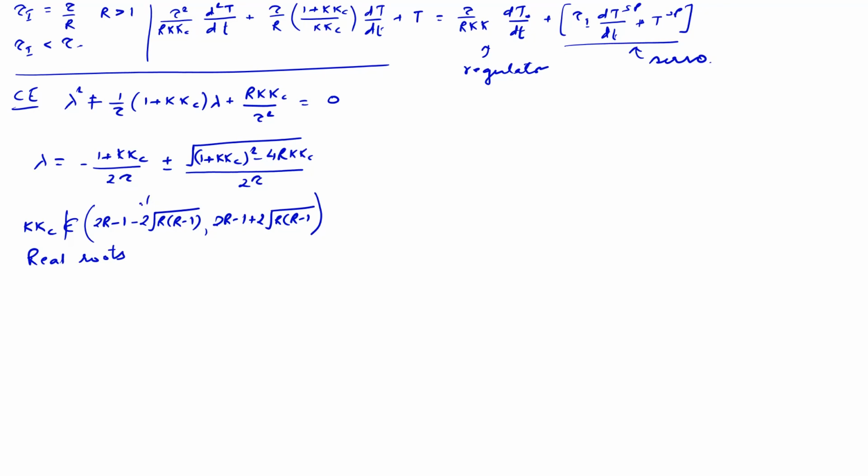And if I call this K Kc min and this K Kc max, then for K Kc equal to K Kc min or K Kc max, that means for K Kc equal to 2r minus 1 plus minus that term, you get real roots where this discriminant goes to 0.